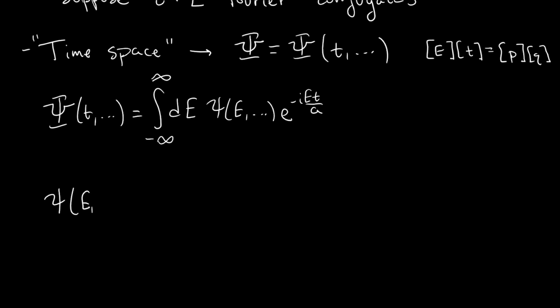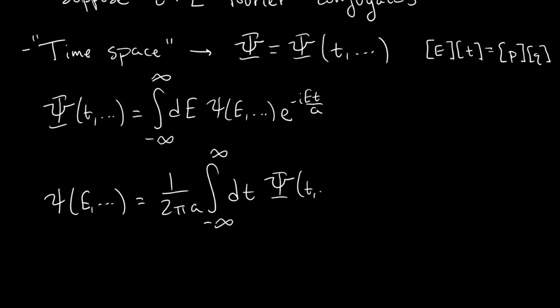So now I can look at energy space, and again I get this 1 over 2 pi a integral from minus infinity to infinity dt, capital psi of t, whatever else I don't really care about, e to the i E t over a.